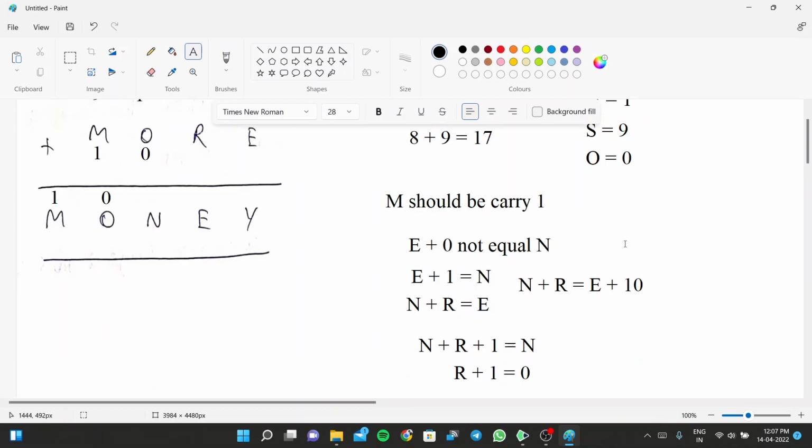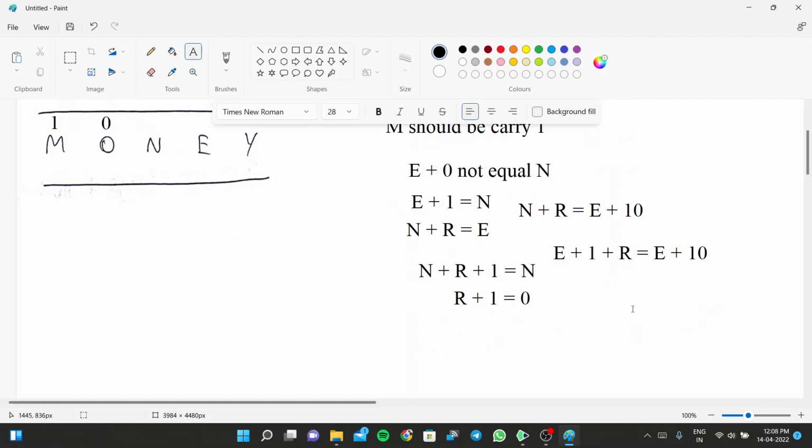So from this we can directly write n is equal to e plus 1. So e plus 1 plus e plus 1 plus r is equal to e plus 10. From that e gets cancelled, so r is equal to 9.